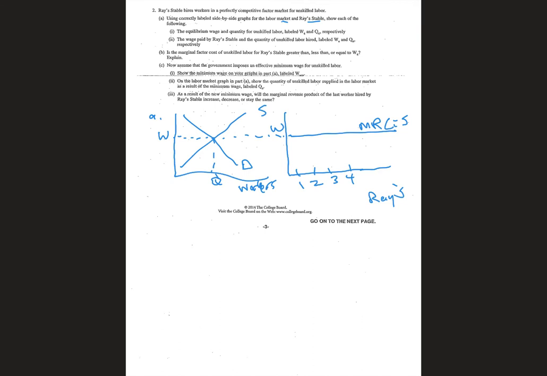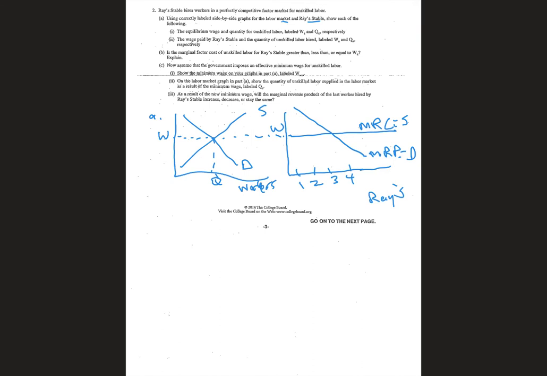The second worker will cost the wage. The third worker will cost the additional wage. The fourth worker will cost the additional wage. So for every single next worker, there's an additional cost, and it's going to be equal to that constant wage. There's also an MRP curve that's downward sloping. The MRP curve is really the demand curve for the firm, because with this MRP curve, regardless of what the wage would be, I know exactly how many employees I would hire.